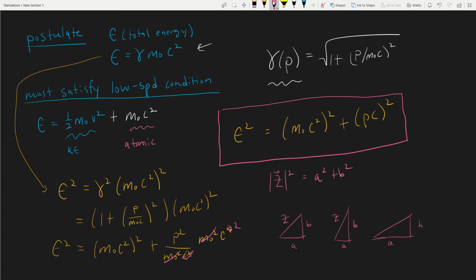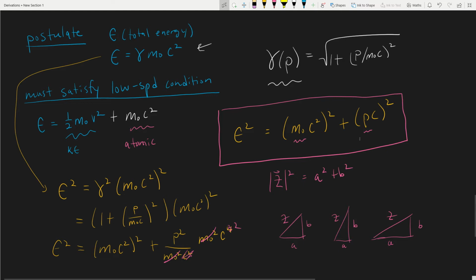Okay, so the notion here is that there's some trade-off between rest mass and momentum, because the c's are obviously constant, the speed of light is constant, but there's a trade-off between rest mass and momentum.